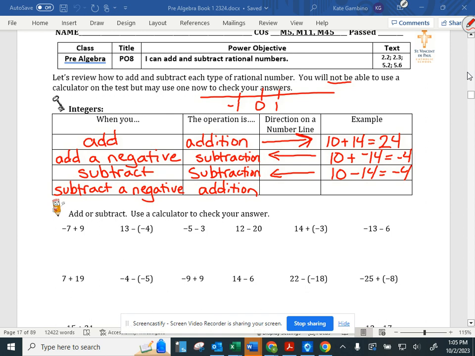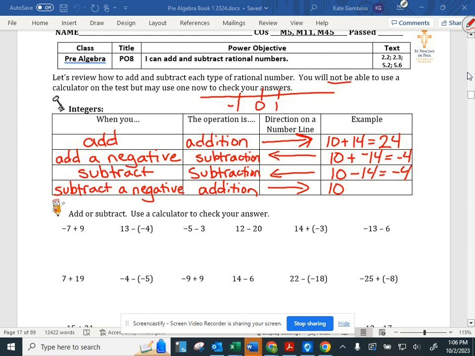But that's only when it's the second number. Like Peyton said, if that negative is the first number, it just tells us where we start on the number line. If you add a negative, you flip to subtraction and go to the left. If you subtract a negative, you flip subtract to adding, so we go to the right.